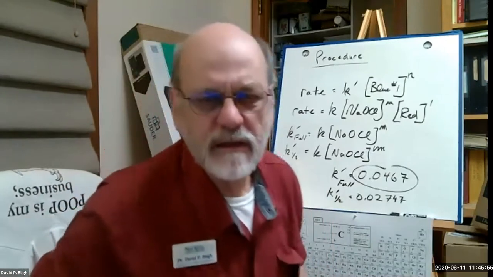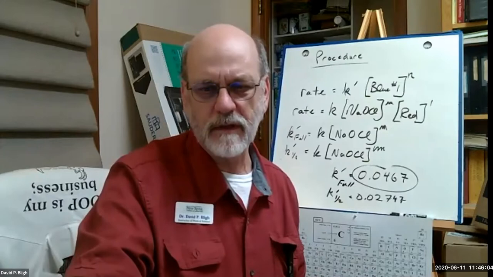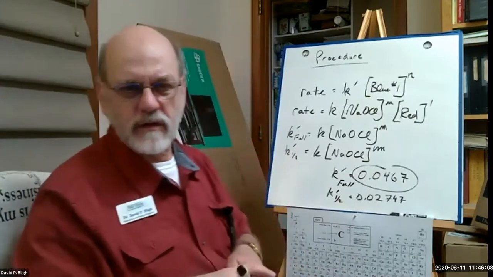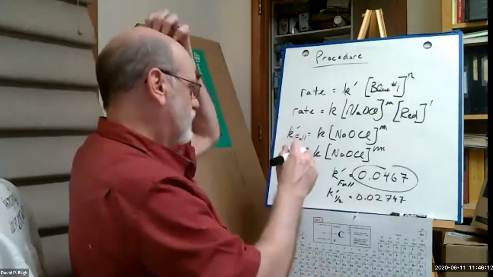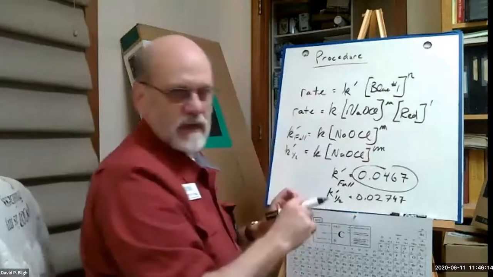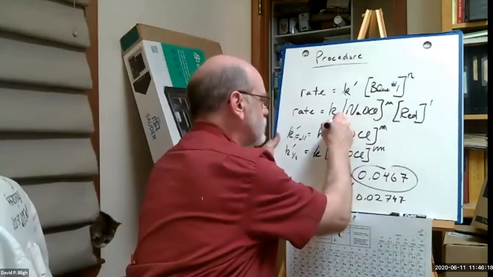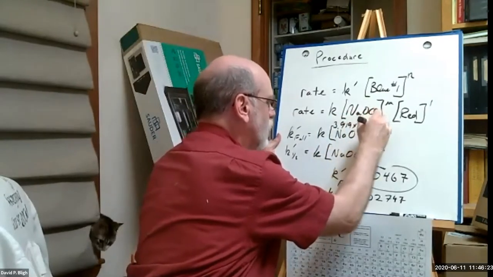All right. 3.919. Okay, so you could probably still see me because I didn't share that screen. The concentration in this one is 3.919 times 10 to the minus 2 molar.